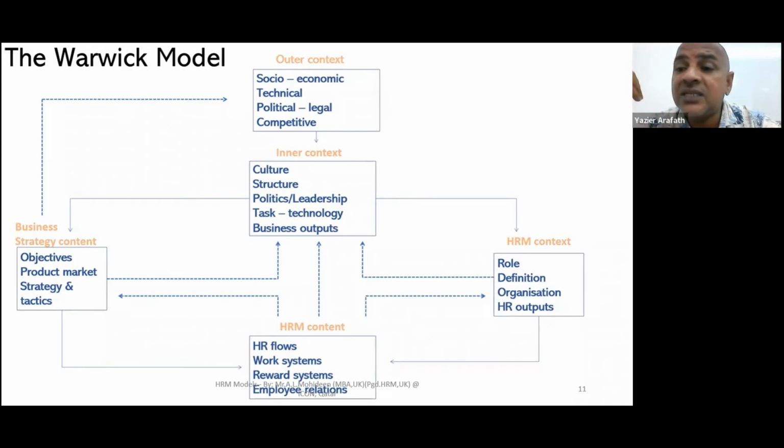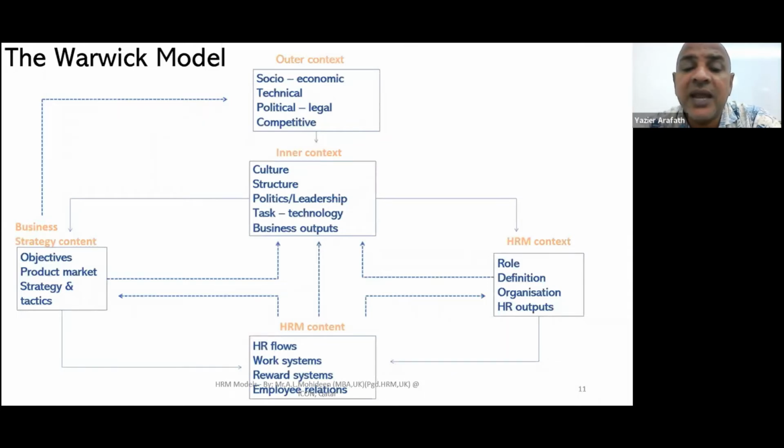In some organizations there is a hierarchical order, so the leadership is totally different from others. In flat organizations, the leadership is different. Democratic leaderships are there. Different leadership styles are there, so you have to understand the inner context of the organization.